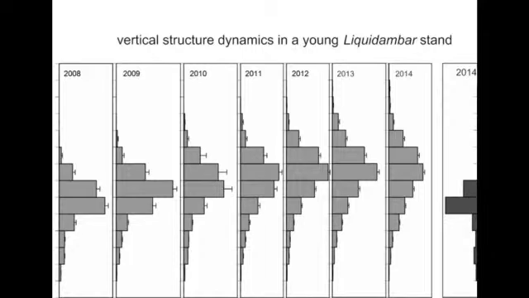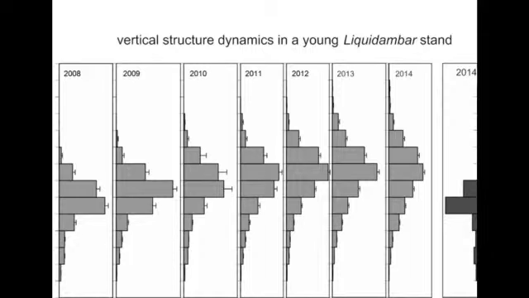Let me just show you some examples of forests that are very, very young in that chronosequence. Here's one that I've been measuring every year. It's a very young stand, very boring. Most ecologists wouldn't bother because it just has tens of thousands of stems per hectare of this one species, liquidambar. But it's interesting to me because it changes on an annual basis in its vertical structure.